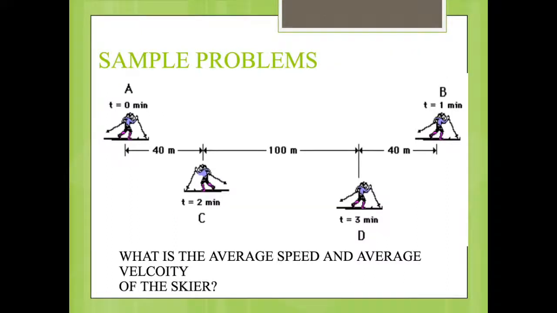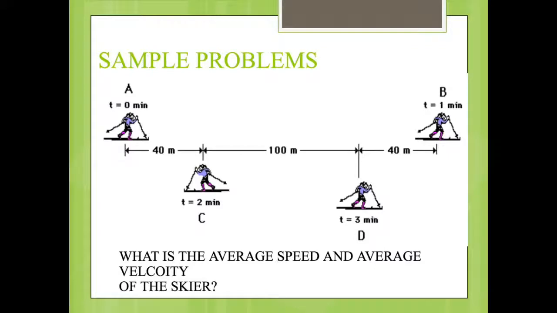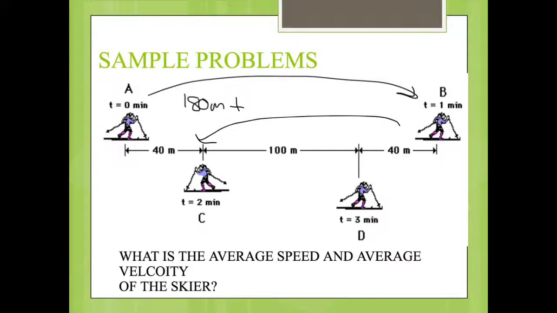If we look at the sample problem, the cross-country skier is going from A to B, then B to C, and then C to D. If we wanted to talk about the average speed, from A to B would be about 180 meters. And then from B to C, it would be 140 meters.